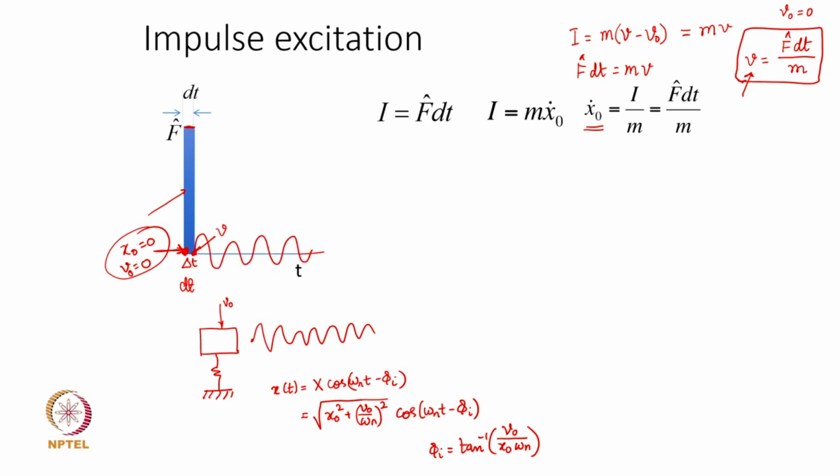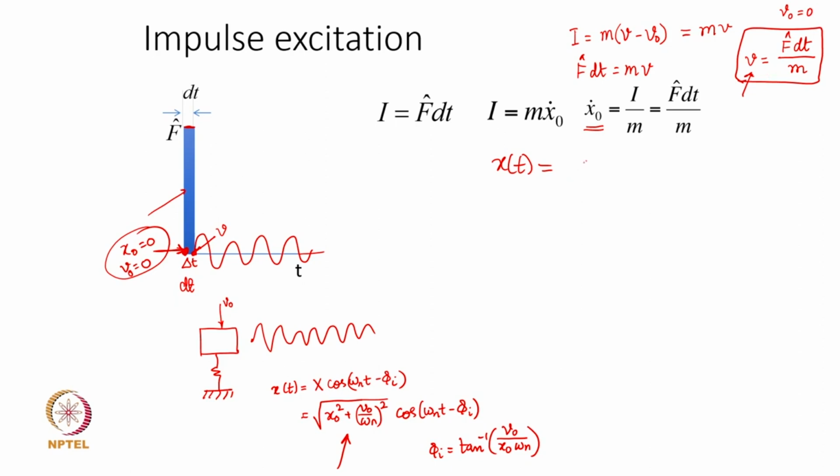So, x of t can be written as, now just have a look at this particular expression, my value of x naught is 0, is it not? Value of x naught is 0, value of v naught is this expression.